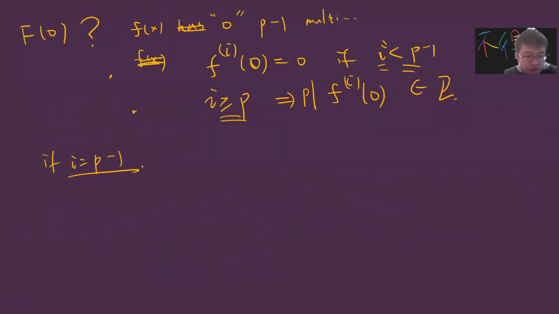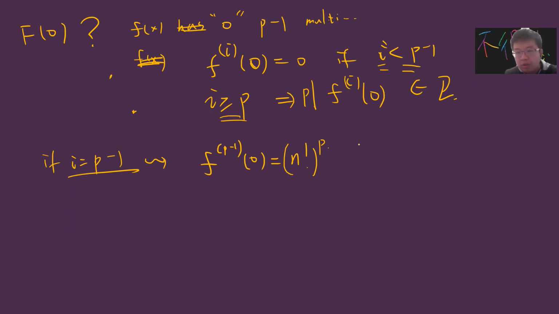So if i equals p minus 1, then you can easily say that f of p minus 1 at 0 is n factorial to a power of p.